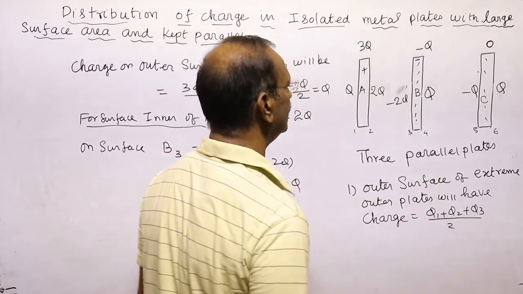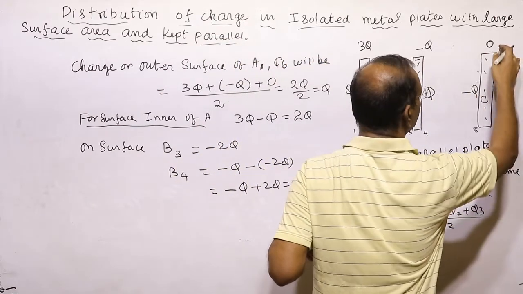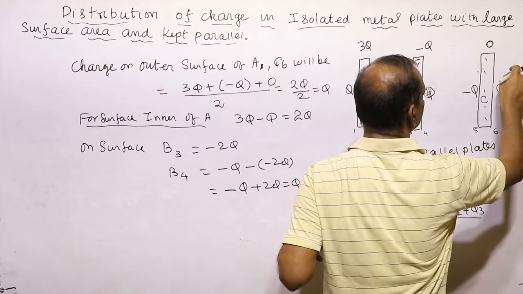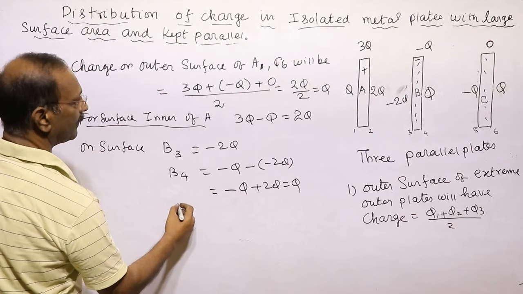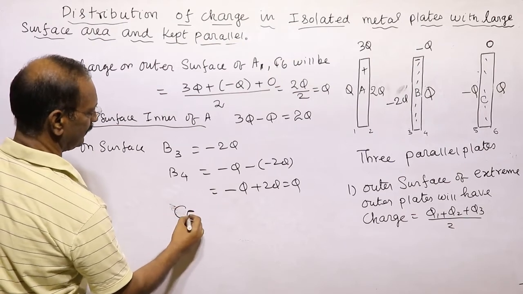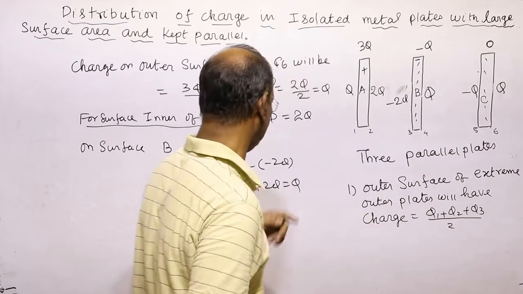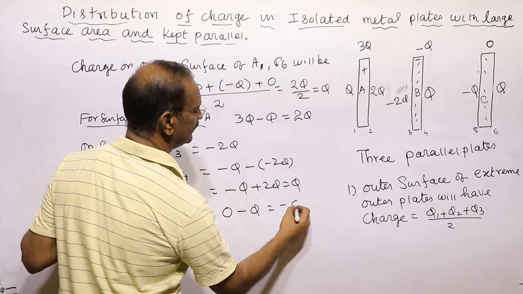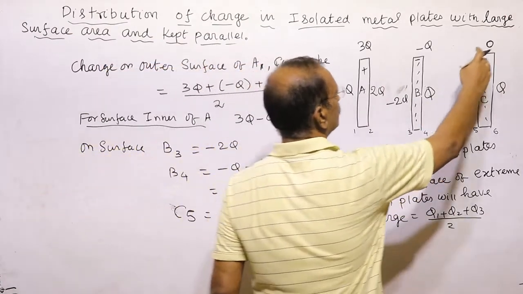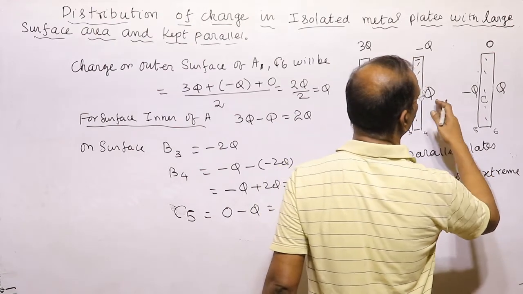Now here, as it is, a minus q will be induced as the equivalent charge, as here it is q. What is the charge on the surface C5? In the surface C5, it is equal to 0 minus q, which is equal to minus q. As here the q will induce a minus charge.